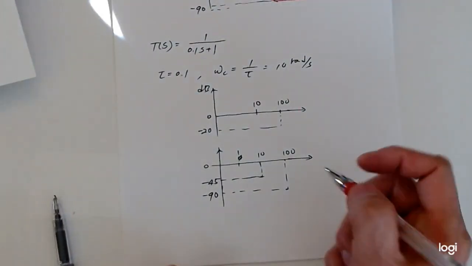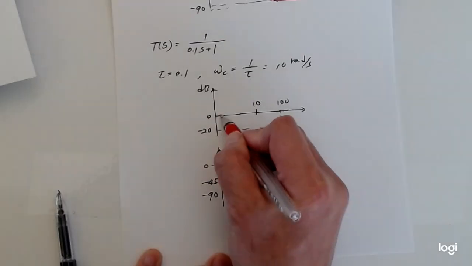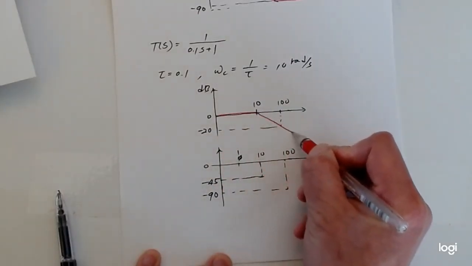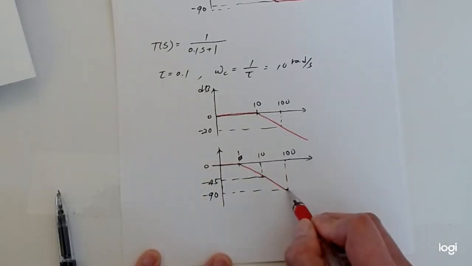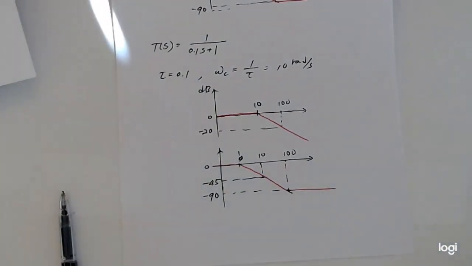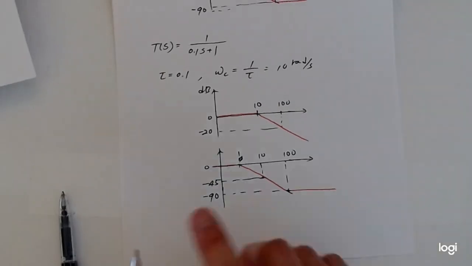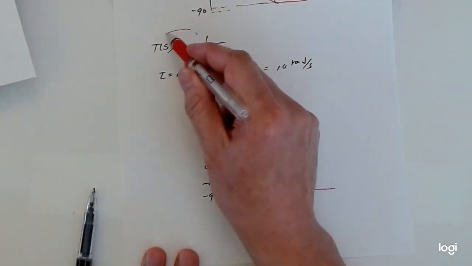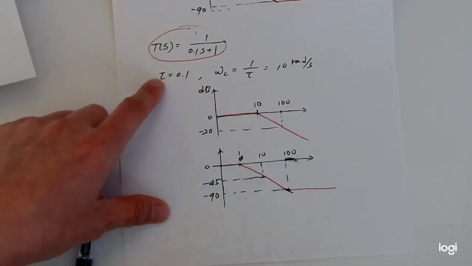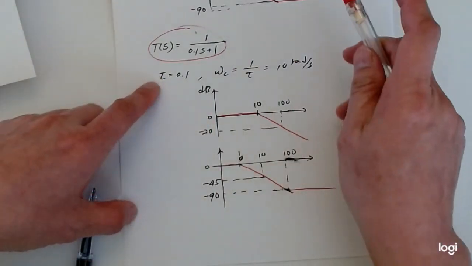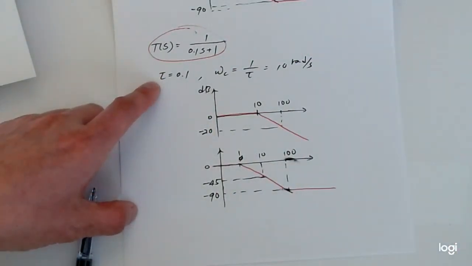So quickly I can draw the flat slope and the minus 90 for the Bode plot of this particular system. We don't need to go through all these calculations. Just identify tau, know the slope, and you can find the Bode plot easily.